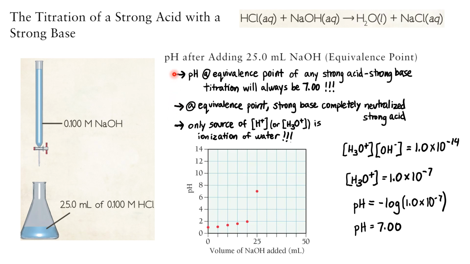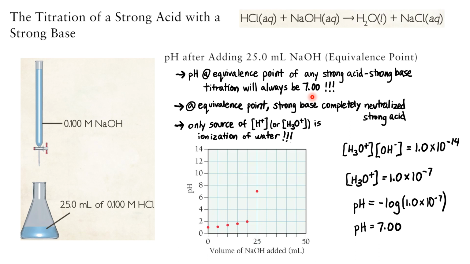Okay, now we got the pH after adding 25 milliliters of sodium hydroxide. Remember, at 25 milliliters, this was the equivalence point. And what I told the class last time is that the pH at the equivalence point of any strong acid, strong base titration will always be 7.00.